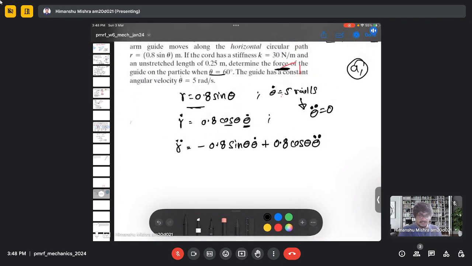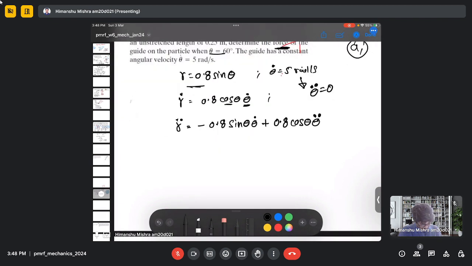And we are given theta, which is 60 degrees. So my r at theta 60 will be 0.8 sin 60, which is 0.692.